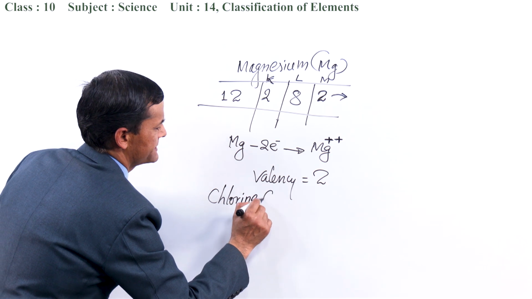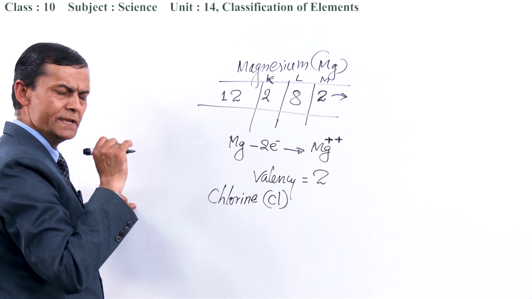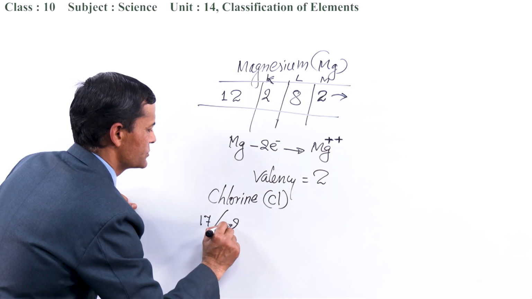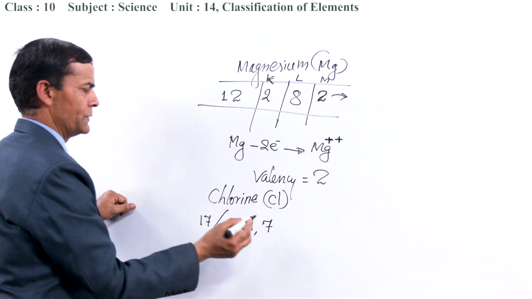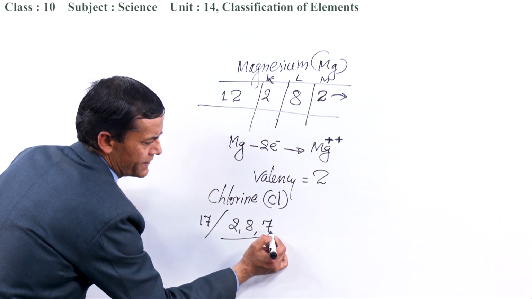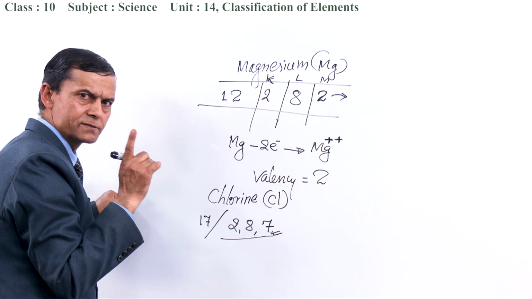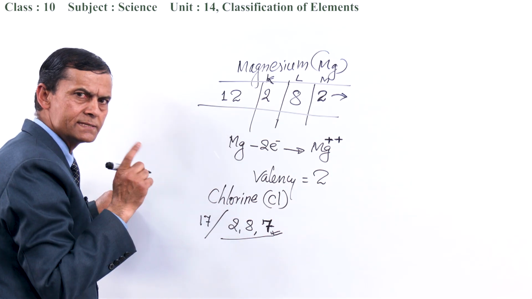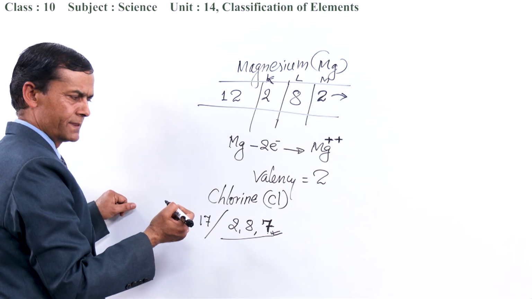Similarly, I'll give another example of chlorine. Chlorine, Cl. Remember, what is the electronic configuration of chlorine? Chlorine has 17 electrons, so it is 2, 8 and 7. Look at it. Its valence shell contains 7 electrons. This is the main factor, the main cause that determines the valency of the element. So what will be the valency of chlorine then?